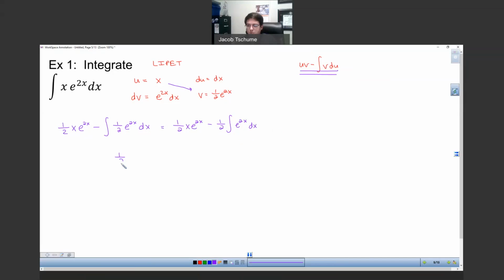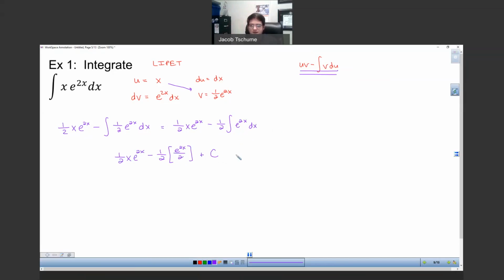You would end up with 1/2 x e to the 2x minus 1/2 times the integral of e to the 2x, which is e to the 2x over 2. And since it's indefinite, do not forget your plus c.